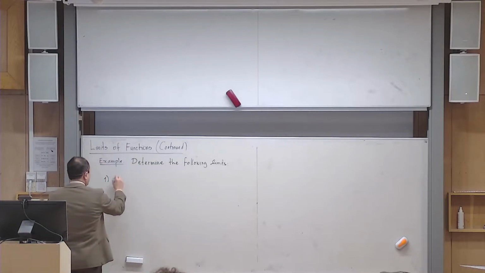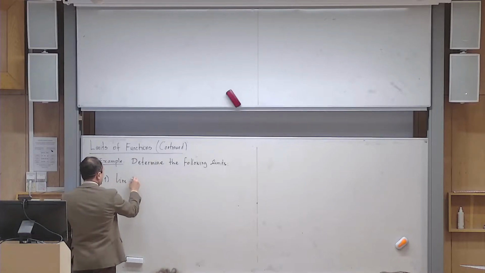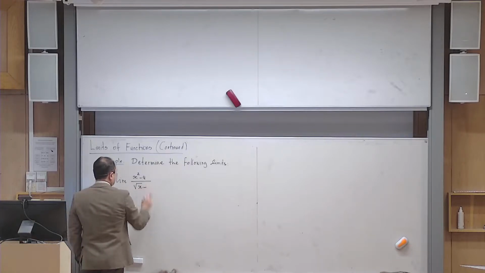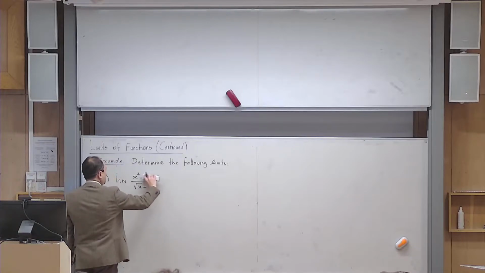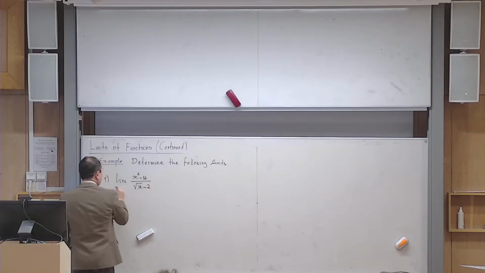Yes, so for example, we want to calculate the limit of x squared minus 4 divided by square root of x minus, so let me make this 16, and then let me make this one 2, and I would say x goes to 4.